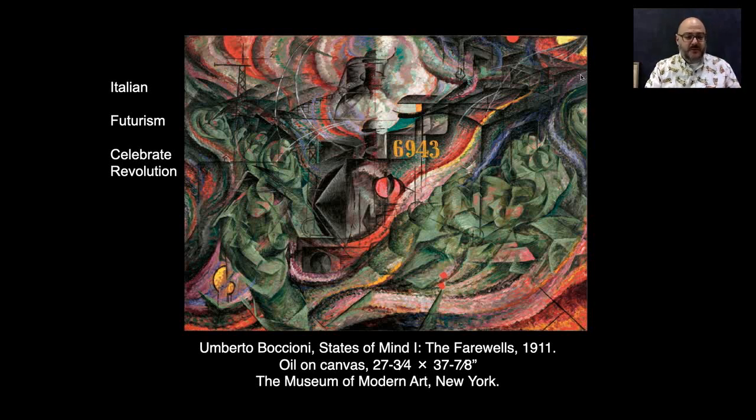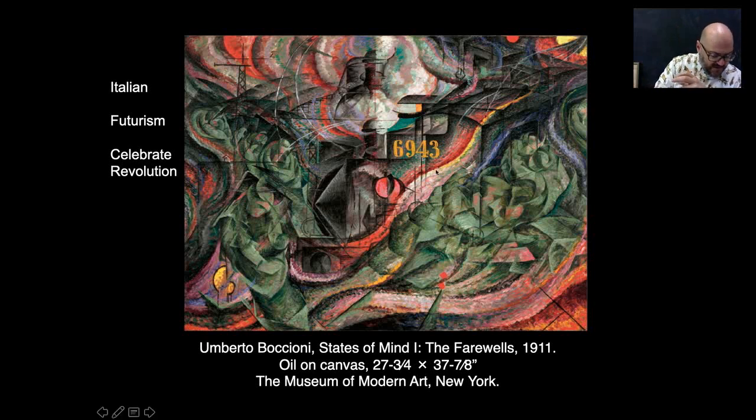But Italian futurism as a movement really isn't a unified whole. So some of the artists are Umberto Boccioni, the older teacher, Giacomo Balla, B-A-L-L-A, Severini, and also other artists, but these are kind of the big names here.